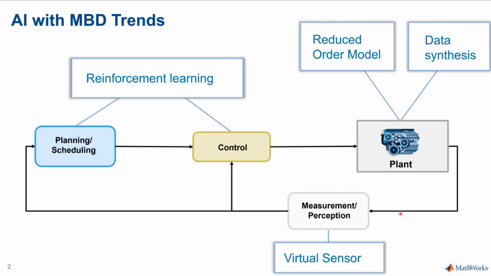So you can use the simulation to generate data and then use that to train an AI model. So this is like a special case, but these are the four trends that we are observing where AI with model-based design is combined. So MBD, that's model-based design.